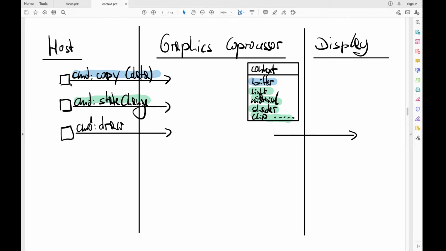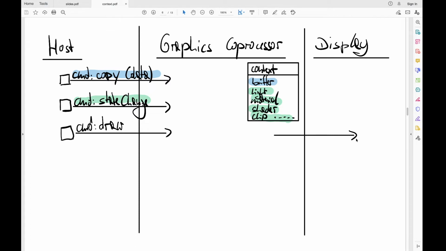The host system issues commands, the graphics coprocessor buffers those commands in some sort, translates those commands into state changes and has a global context object. And then when a draw command is issued, at some point in time, this usually doesn't happen right away, but there's usually a bit of a delay, the graphics coprocessor causes the output to be displayed.